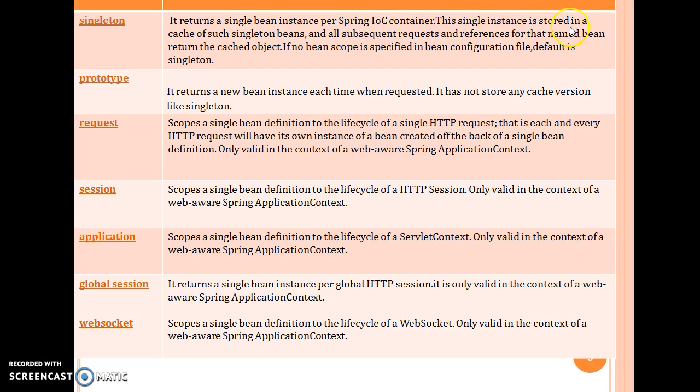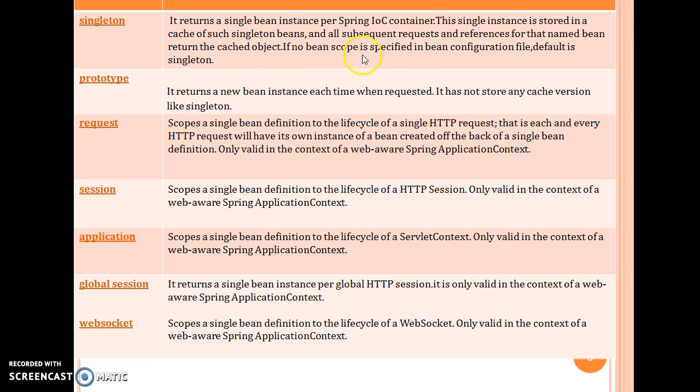This single instance is stored in a cache of such singleton beans, and all subsequent requests and references for that named bean return the cached object. So basically Spring creates an object and puts it into the cache, and whenever a client makes a call for this bean, the same object will be returned.